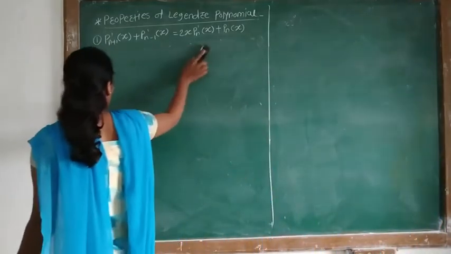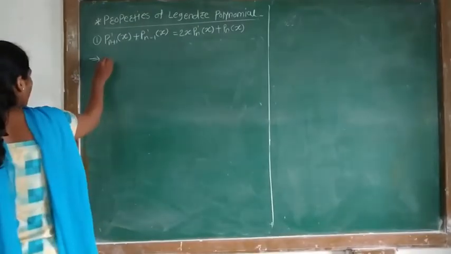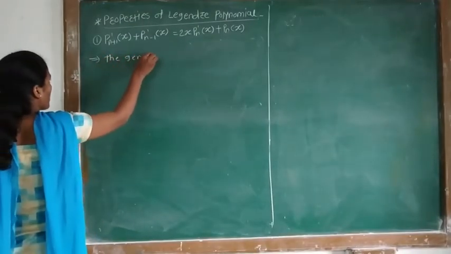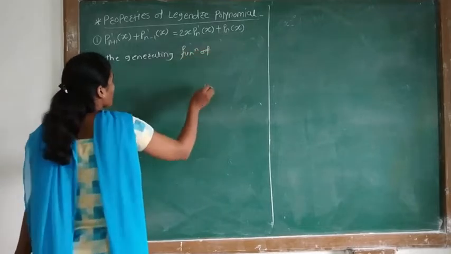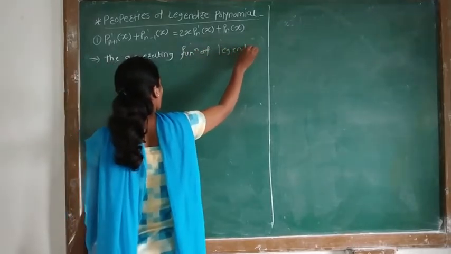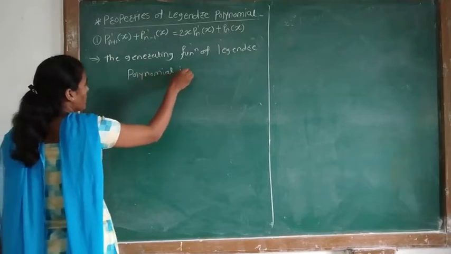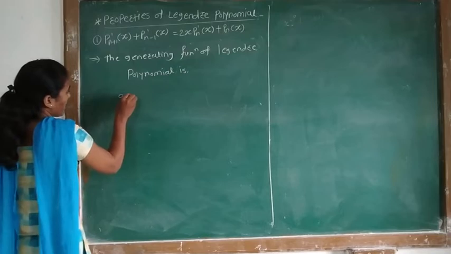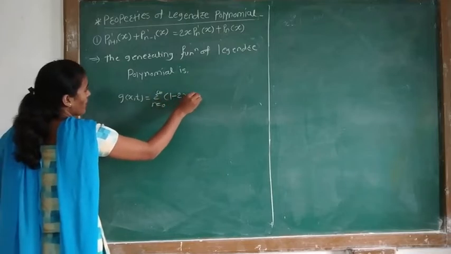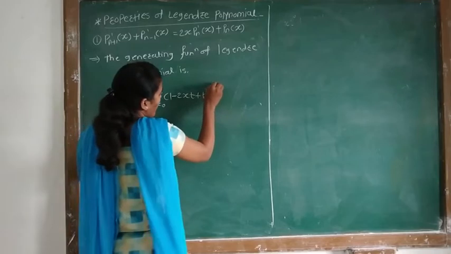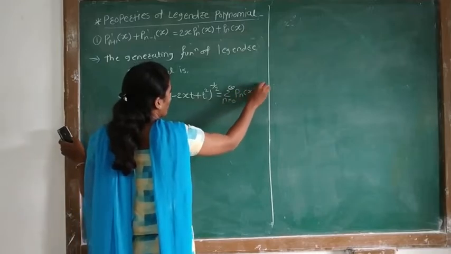Now, the generating function of the Legendre polynomial is g of x, t equal to 1 minus 2xt plus t square raised to minus 1 half, equal to summation over n is equal to 0 to infinity Pn of x t raised to n.